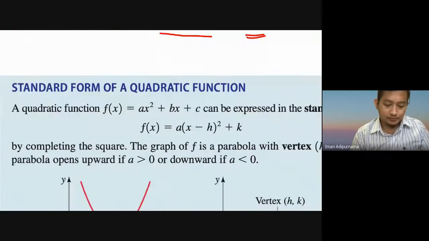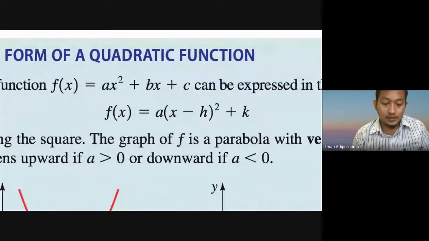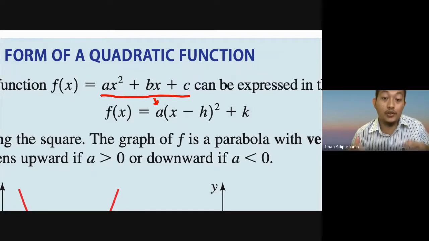And then we can also write in a standard form, if you remember how. So we can write this quadratic into standard form. We can use completing the square to make it happen. I hope you still remember that.